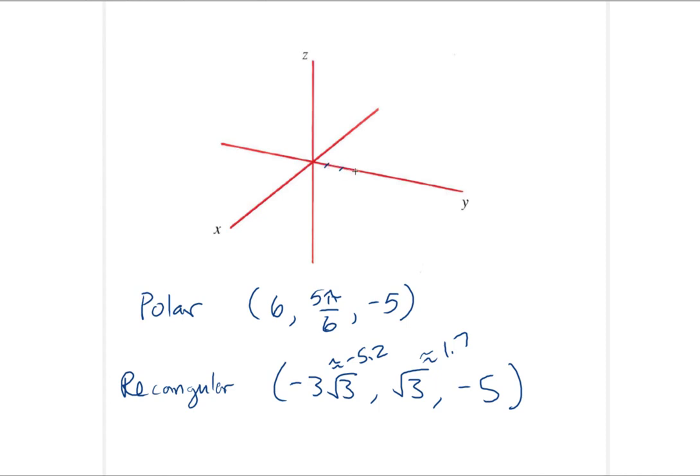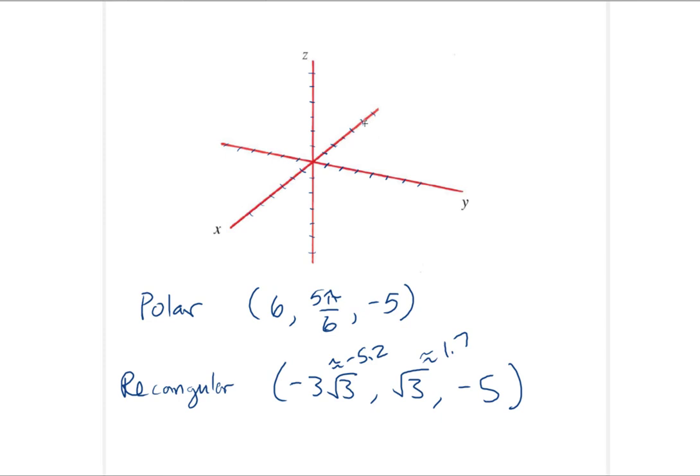So let's put some notches on our axes here. Okay, so x needs some as well. Let's start with the rectangular this time. So we're supposed to go negative 5.2. So 1, 2, 3, 4, 5.2 abouts.